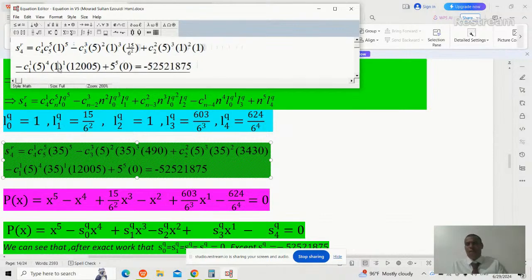This is 603, 603 divided by the cube of 6. Then plus 5 raised to the power 5 times L4. L4 is 624.